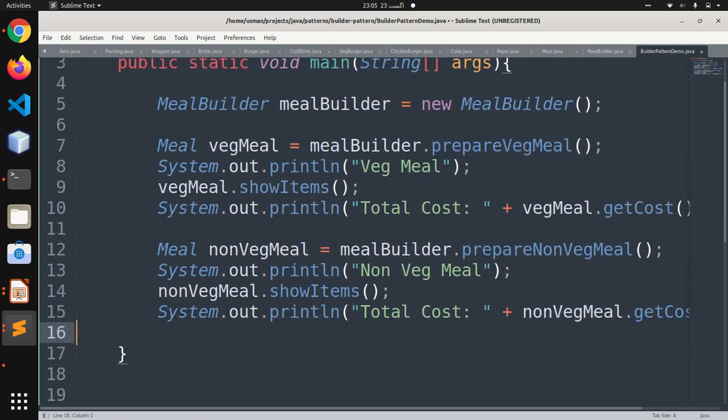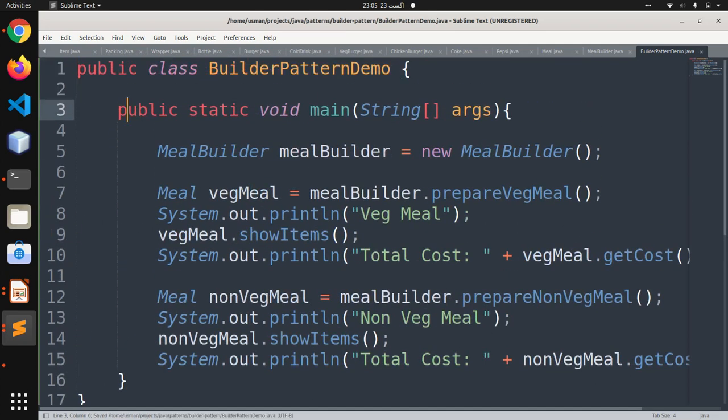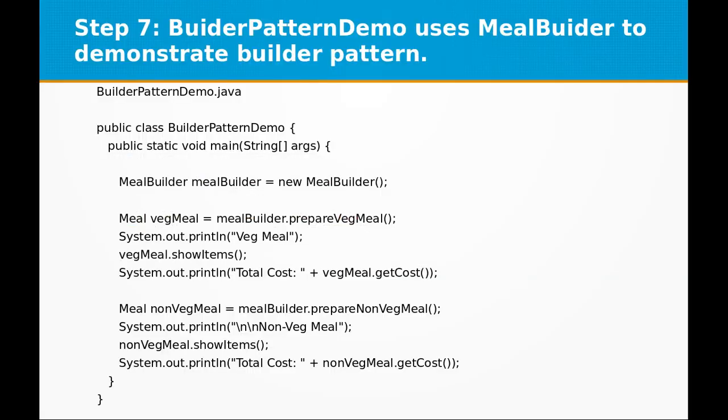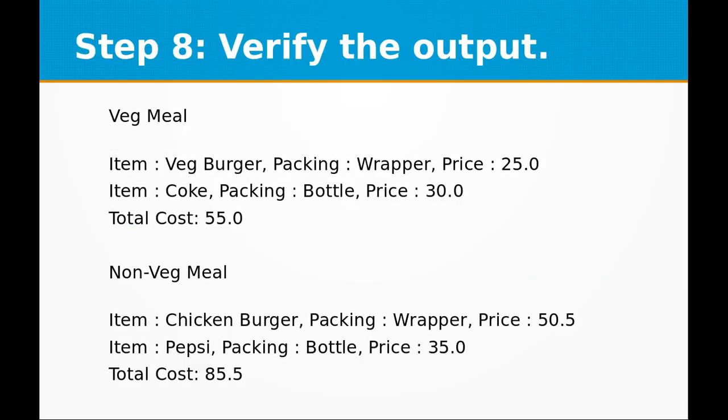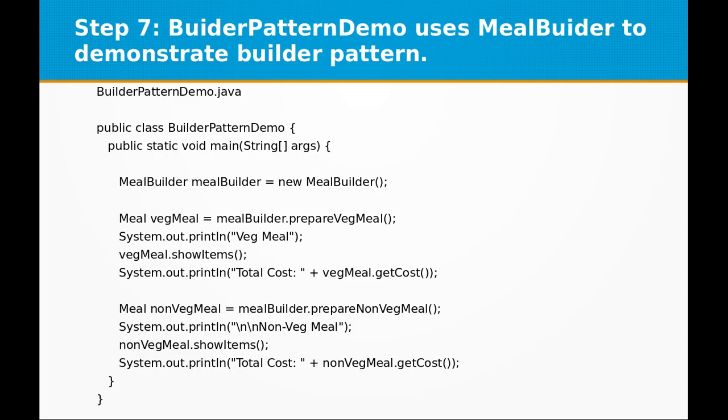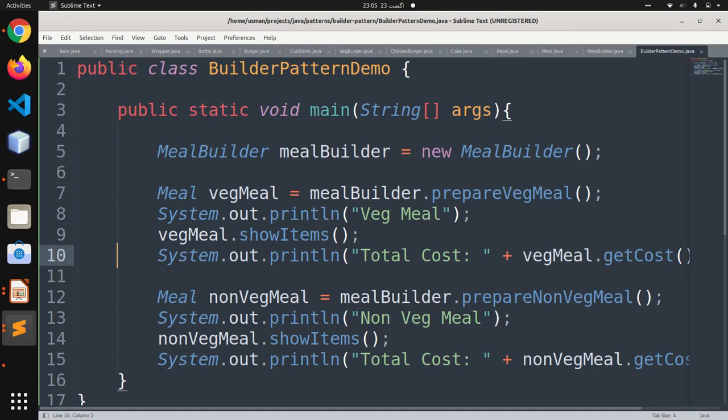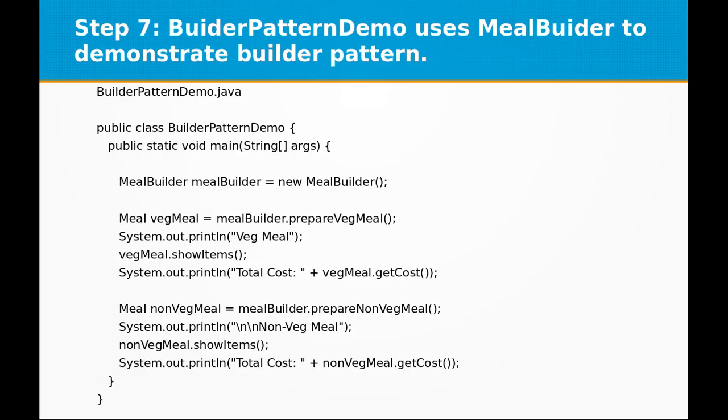So we have our execution class which is the BuiderPatternDemo class. So we are good with it, and the last thing is to verify the output. One thing we didn't do is we didn't add \n for adding line spaces. So okay, that's done.